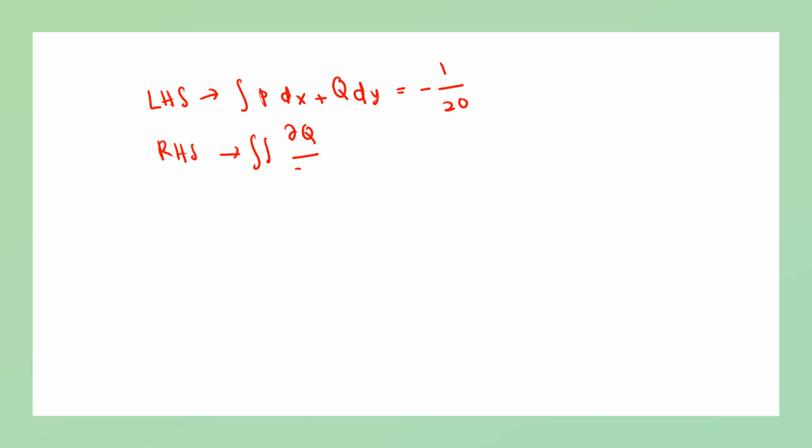In the previous slide, we have calculated the left hand side, the line integral of p dx plus q dy, is equal to negative 1 over 20, and the right hand side, equal to the double integral of del q over del x minus del p over del y, dy dx, equal to negative 1 over 20.